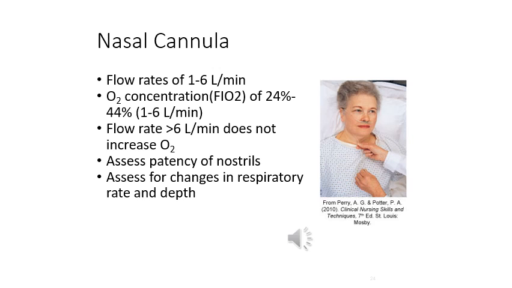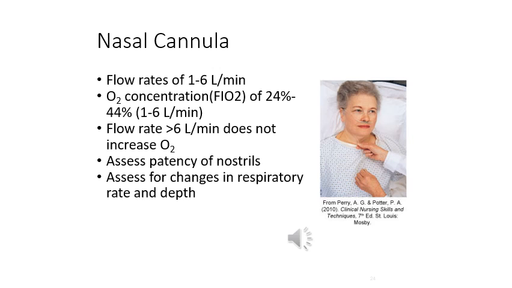If you can remember that for every 1 liter of O2 that's increased, when someone's on oxygen, it increases the percentage of oxygen the patient breathes by about 3 to 4%. So remember, room air is 21%.